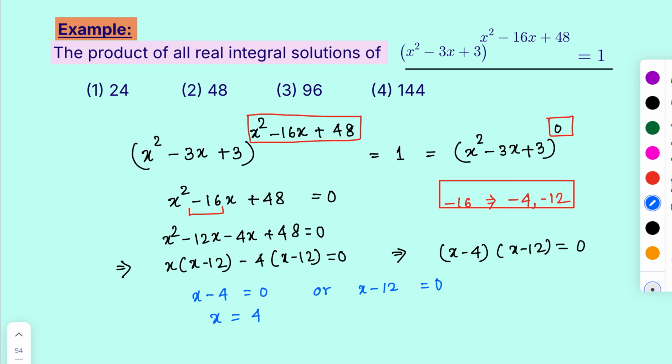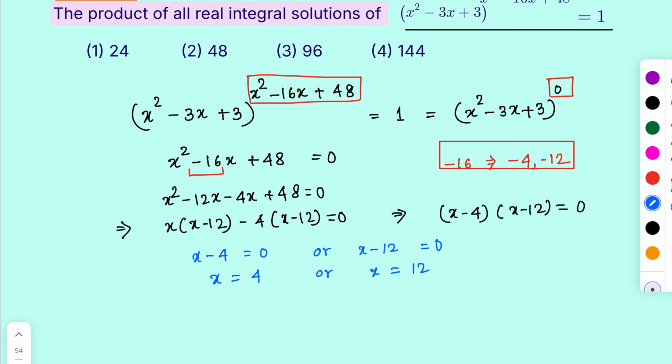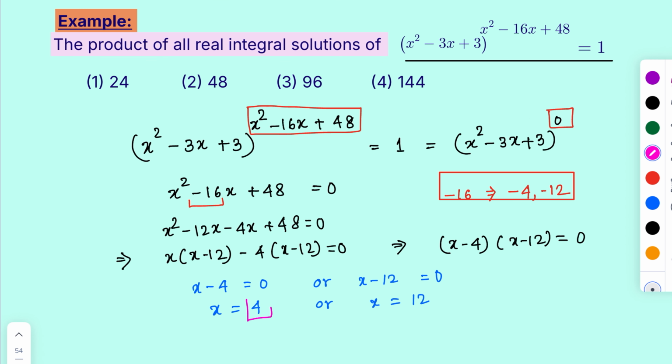From here we will get x is equal to 4 or x is equal to 12. There are two integers which are the solution of this equation. So the integral solutions are 4 and 12. These two are integral solutions of this equation.